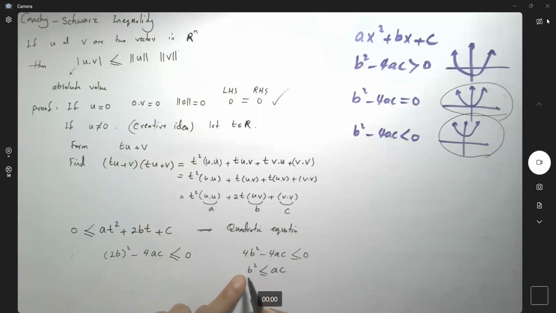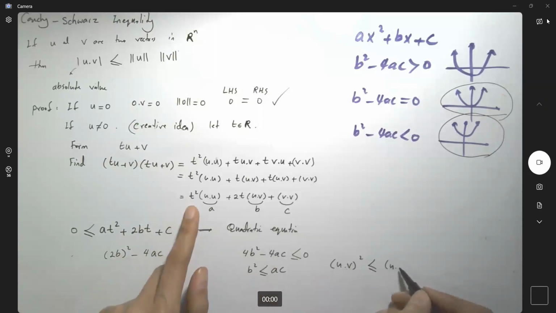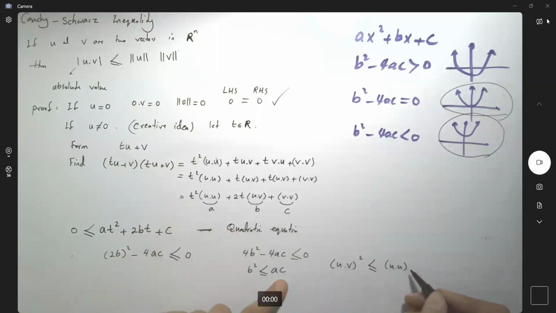But what is b? b is u dot v. So you have u dot v squared less than or equal to a, which is u dot u, times c, which is v dot v.